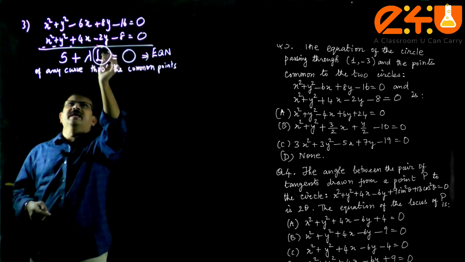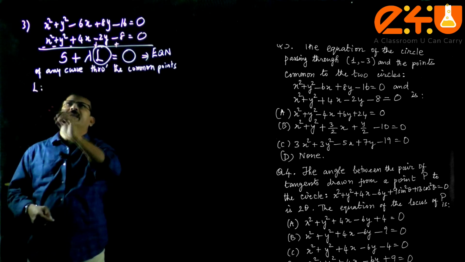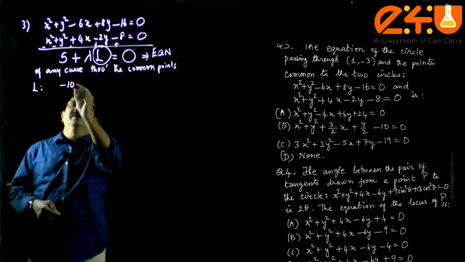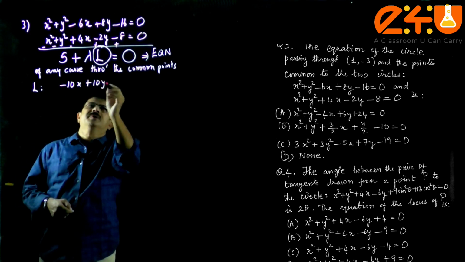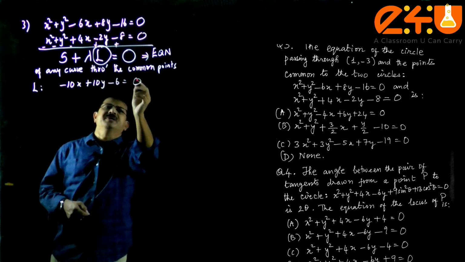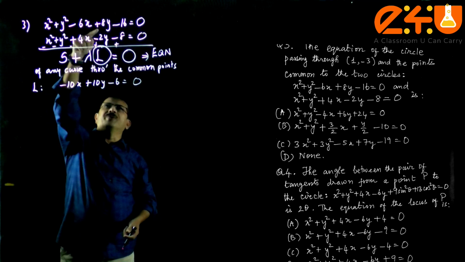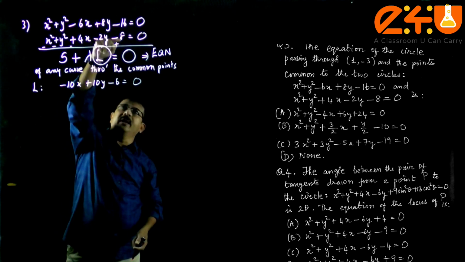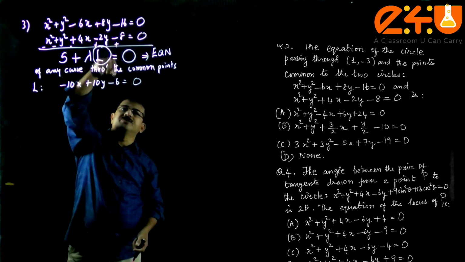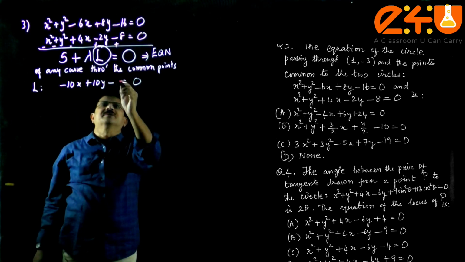So difference meaning I am going to change the sign. By getting the difference I get negative 10x, positive 10y, negative 6 is 0, okay, minus 6 minus 4, positive 8 plus 2 after change of sign, negative 16 and plus 8, so minus 8.